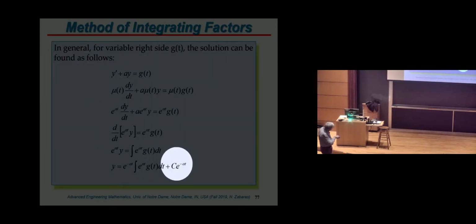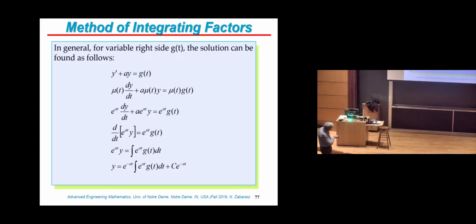So e to the minus at gives me the solution to the homogeneous problem. And what is this thing here, this big e to the minus at and then this integral? It is one solution to what problem? It's the particular solution, all right? Exactly the way we have done it with linear algebra.